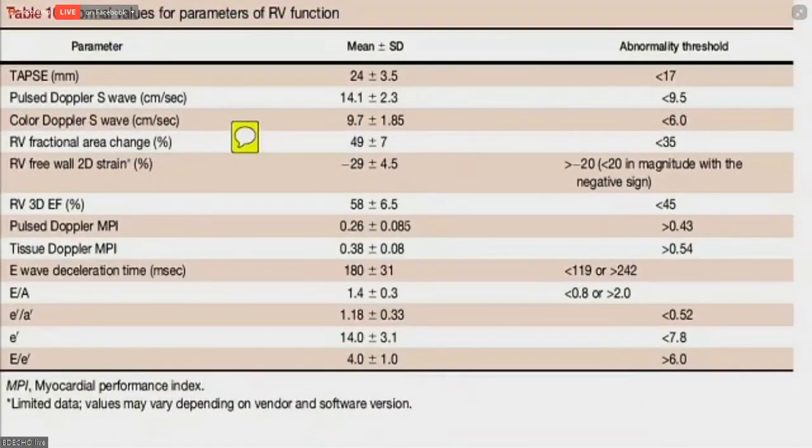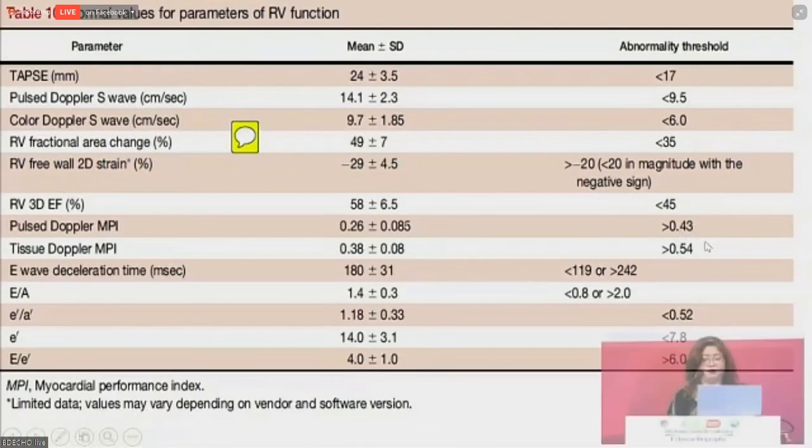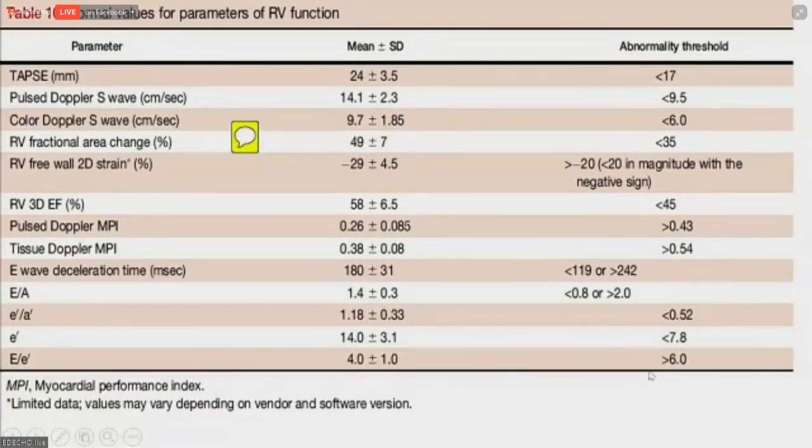And we can summarize the RV function. So here, TAPSE less than 17 is abnormal. S wave less than 9.5 is abnormal. Fractional area change less than 35 is abnormal. RV free wall strain less than -20 is considered abnormal. 3D EF less than 45 is considered abnormal, and RIMP more than 0.54 is considered abnormal, and for pulse wave more than 0.43, and E by E prime more than 6, it is also abnormal.